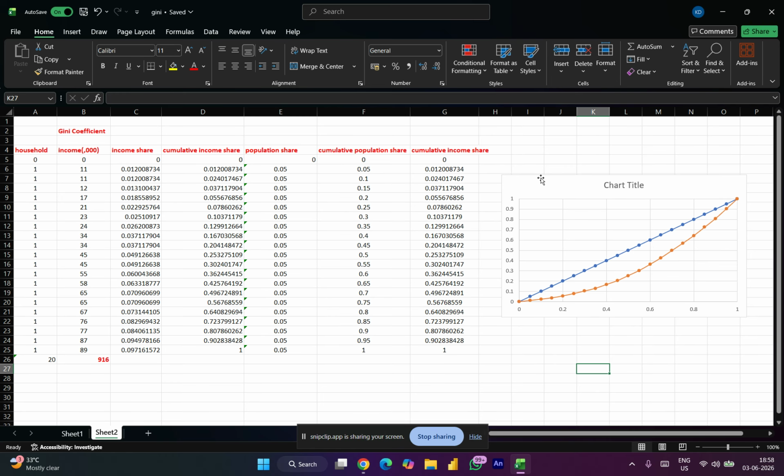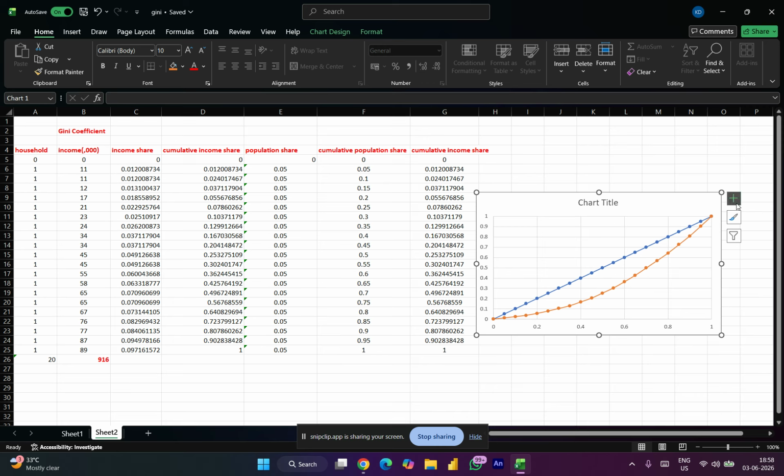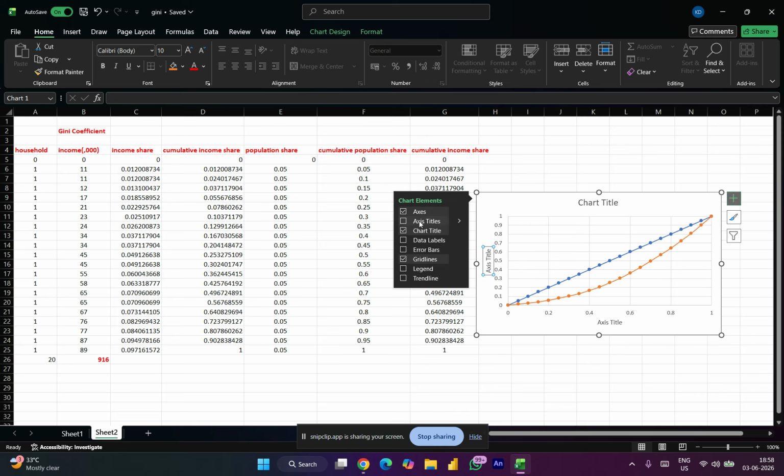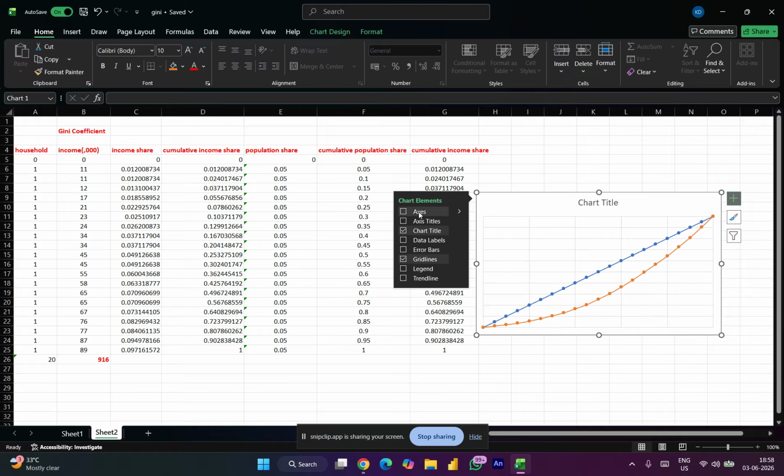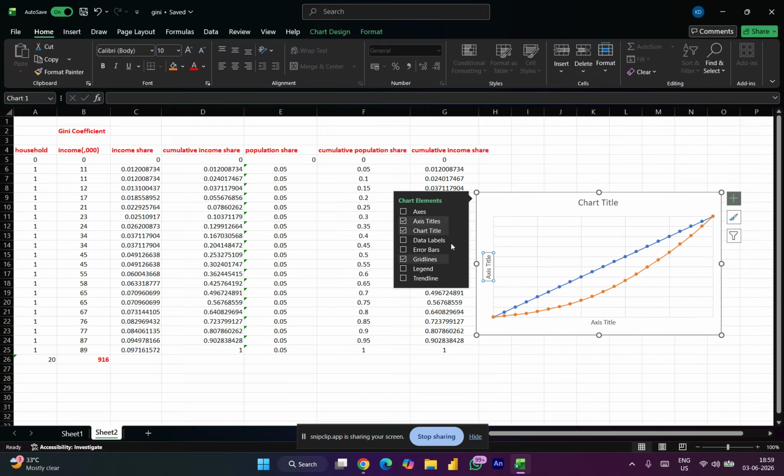Now, what we have to do? Chart title, axis title.